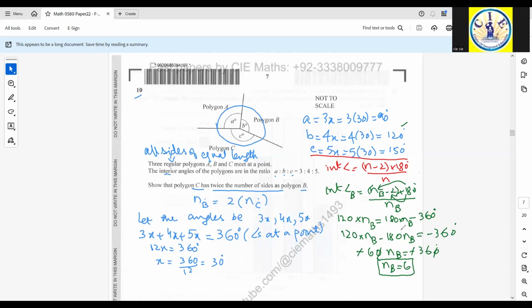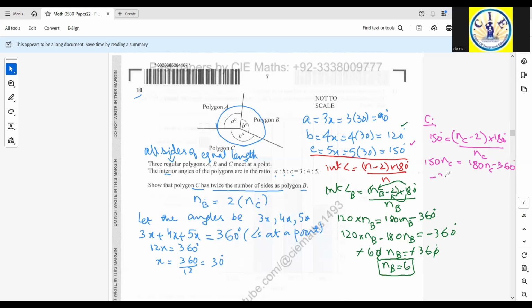Okay, let me do it for polygon C as well. Interior angle for C is going to be 150 equals (number of sides for C minus 2) times 180 divided by n of C. So 150 times the number of sides for polygon C equals 180 times the number of sides for polygon C minus 360 degrees.